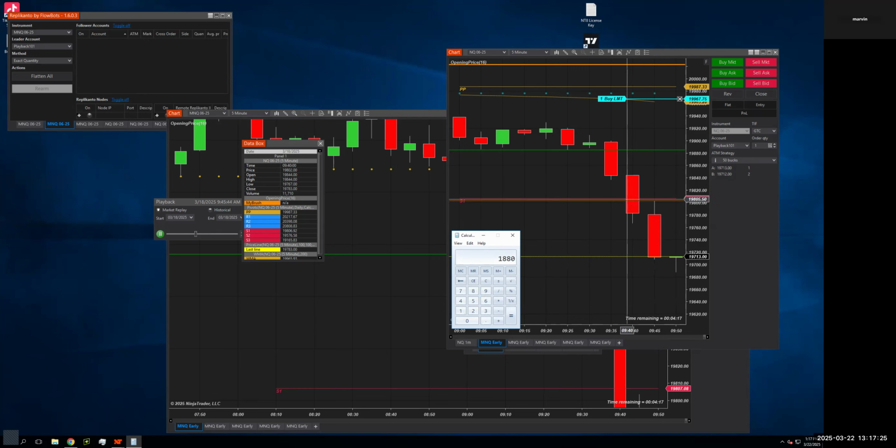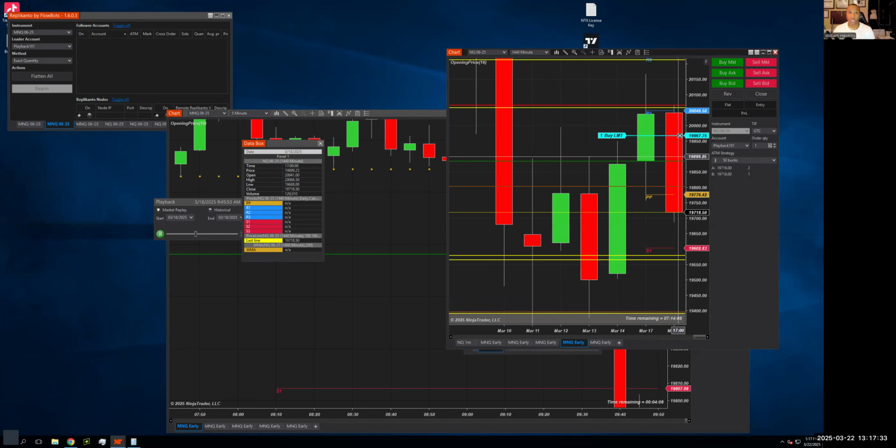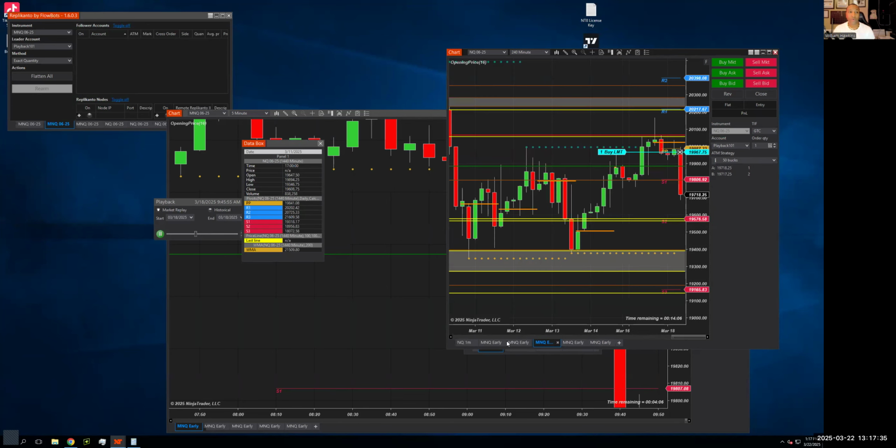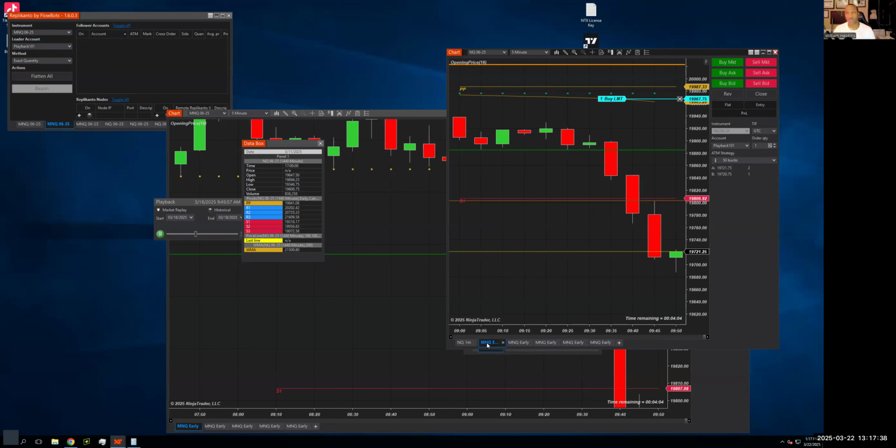So you could have made money off the bounce. You probably would have. Once again, the overall daily candle was a red candle, so if I was going to buy the market, I wasn't trying to make a bunch of money. You could have bought the market right here and made 50 to 100, and then it continued down.